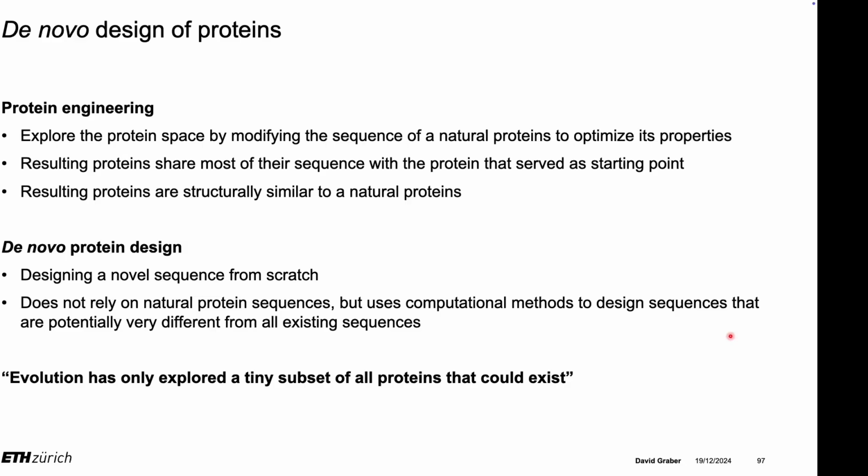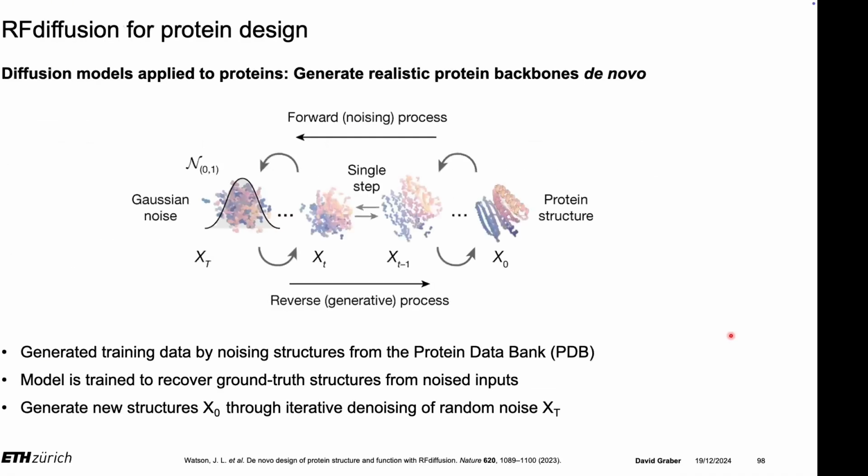So there's this statement that evolution or nature has only explored a tiny subset of all potential proteins that could exist. A famous model that generates de novo proteins is this RFdiffusion model. And it's also applying diffusion to proteins to generate realistic protein backbones de novo.